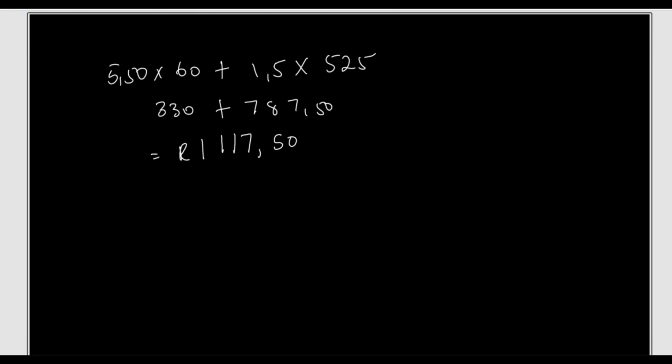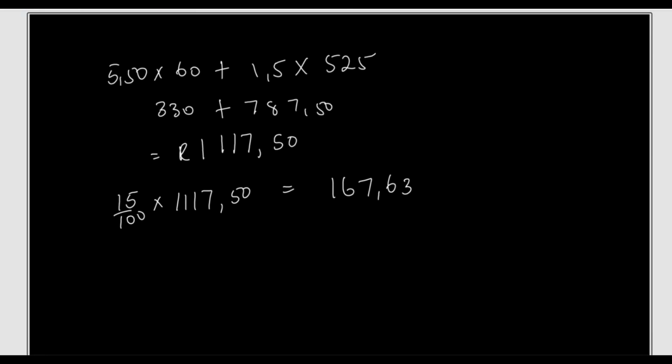Now, for me to include the VAT, I can get 15 over 100 multiplied by 1117,50. This becomes 167,625, which is like 63.